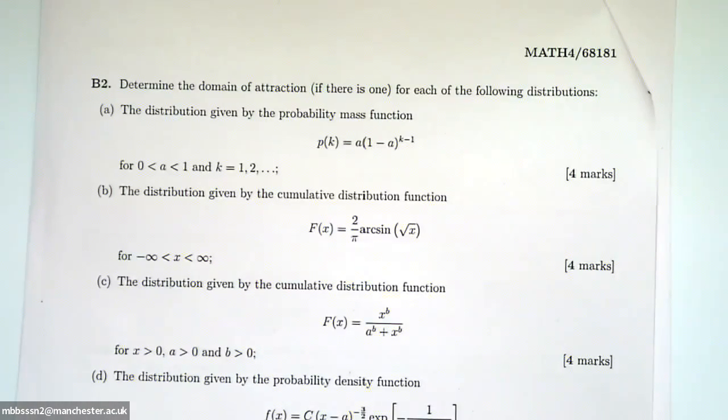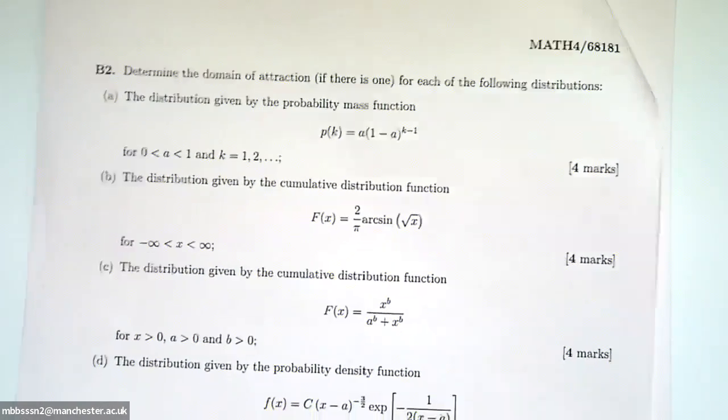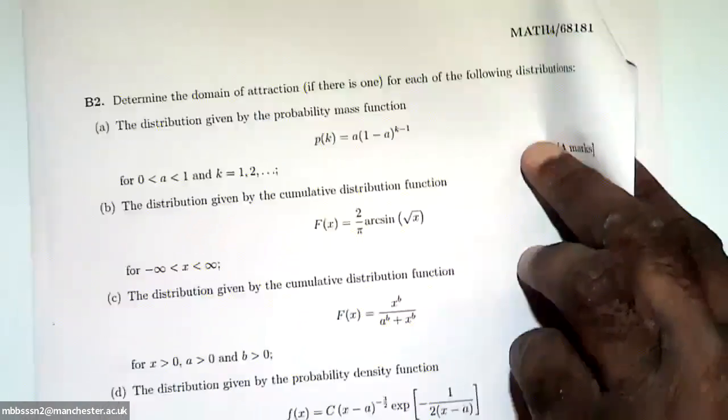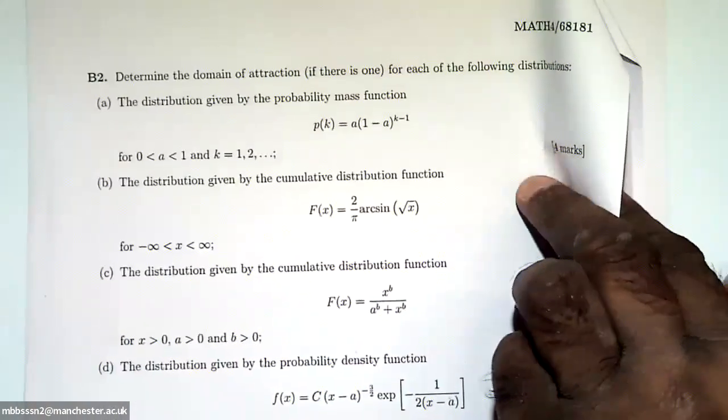And B2 in section B will be like this. You'll be given 5 different distributions, A, B, C, D, E, and you'll be asked to check which domain of attraction they belong to, right? Okay, so here you're given 5 different distributions, asked to check which domain it belongs to, if any.